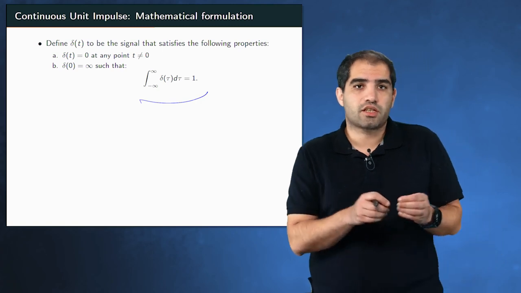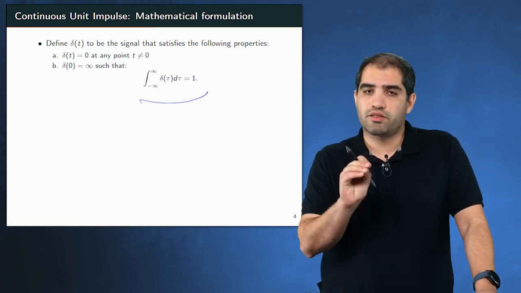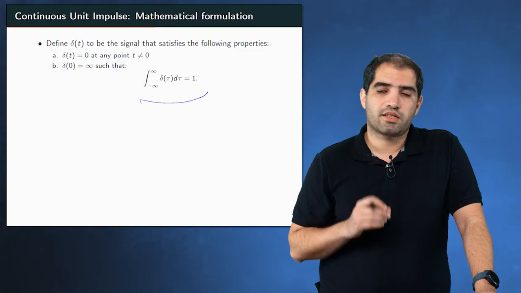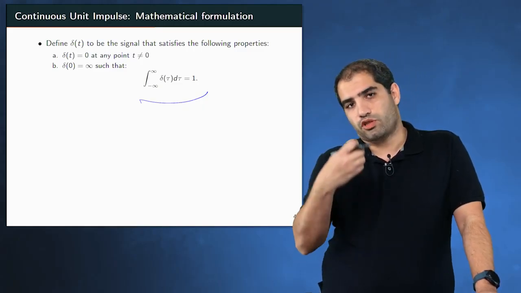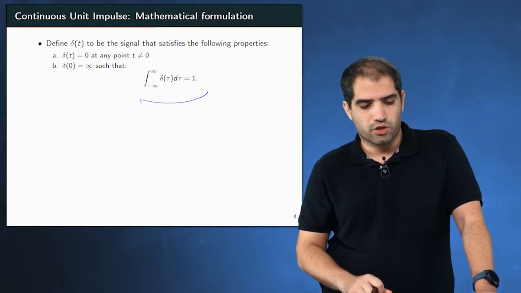So basically it's a signal that is 0 everywhere except at 0, and at 0 it has a unit mass, such that if you do the integration, you would get 1 out.